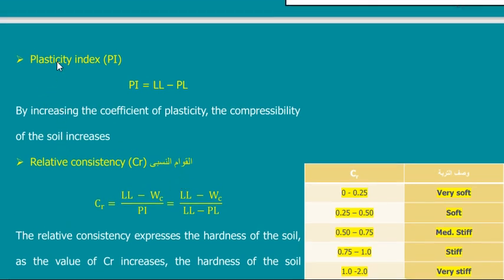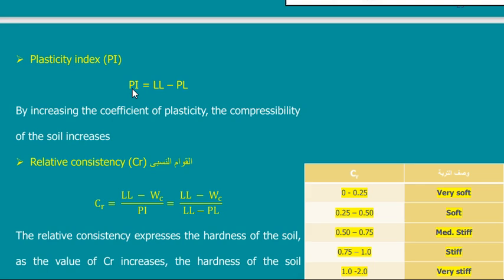Then I have something called the plasticity index. The plasticity index is the liquid limit minus the plastic limit. Plasticity index is a soil property that is very important if I come to define what material to be used in compaction.